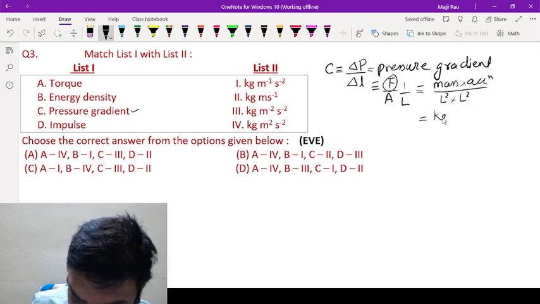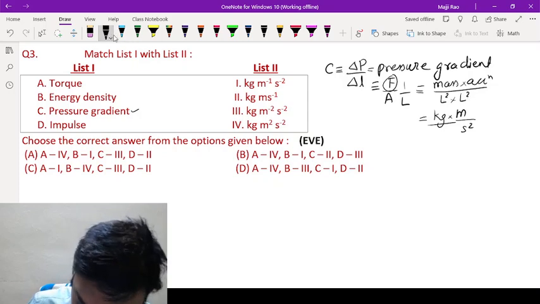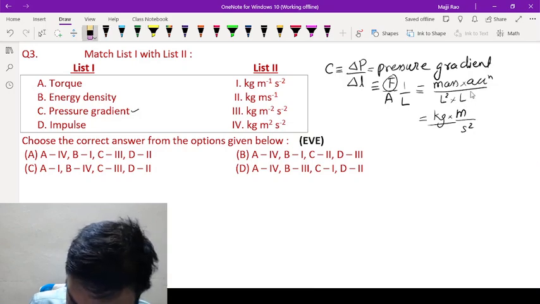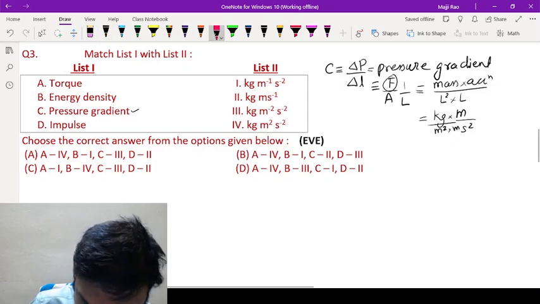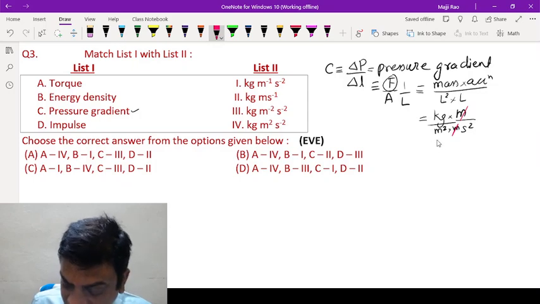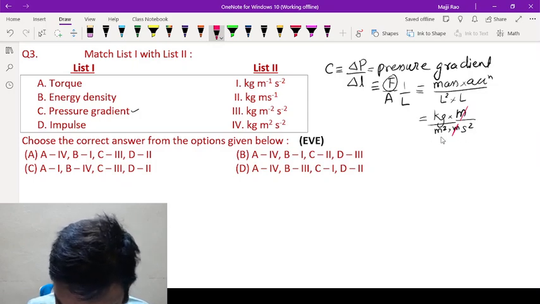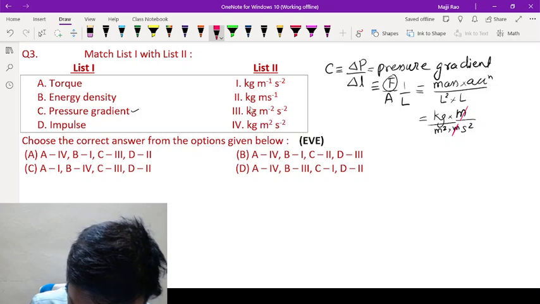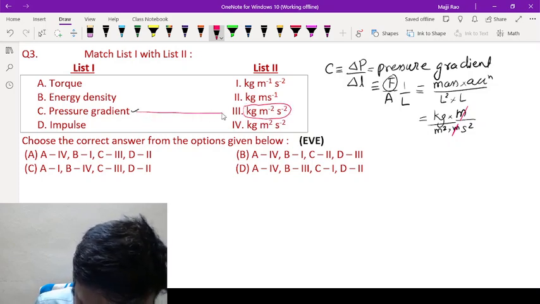So mass means kilogram, acceleration is meter per second square, and here meter into meter cube. So 1 meter gets cancelled here. We are left with kg per meter square per second square. C should be matched with 3 itself.